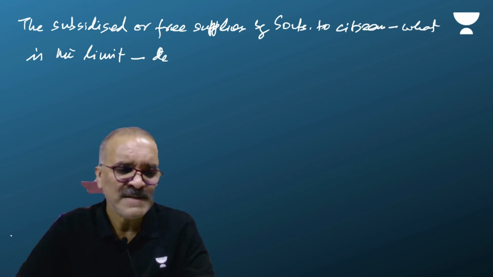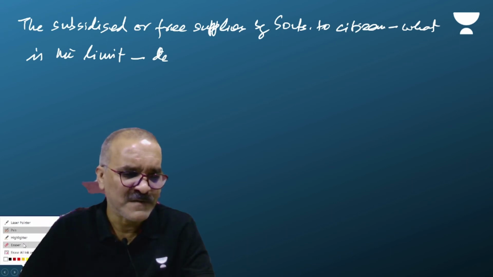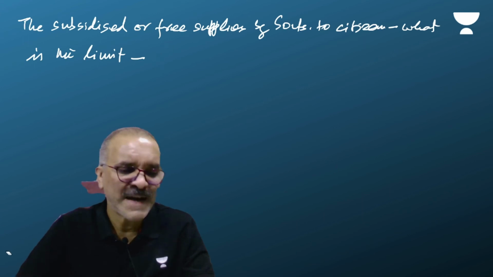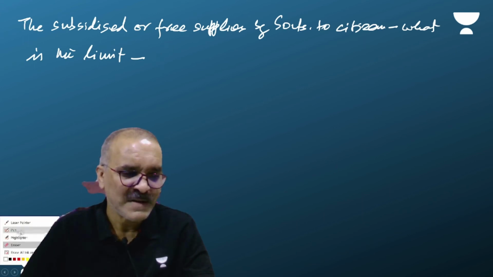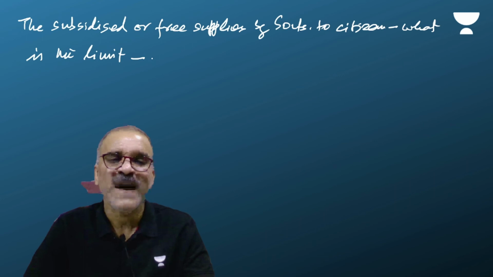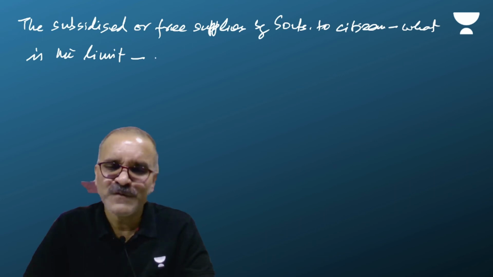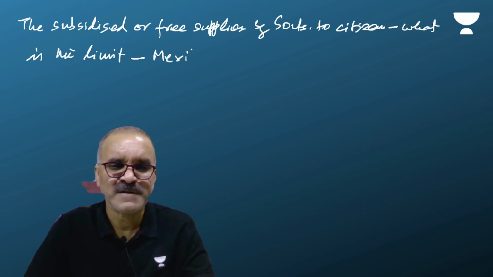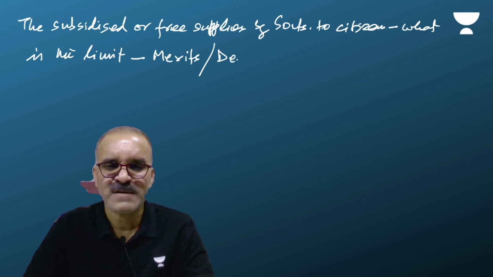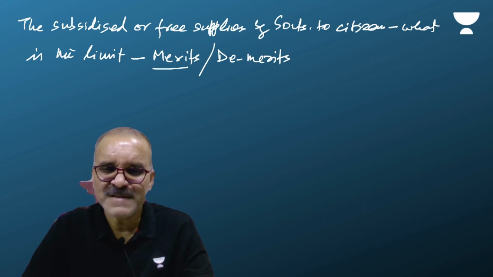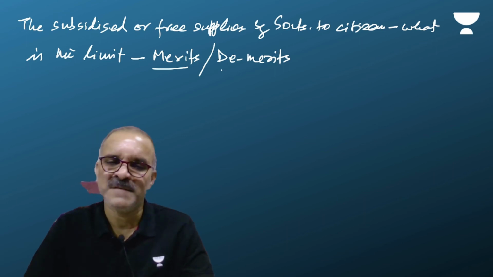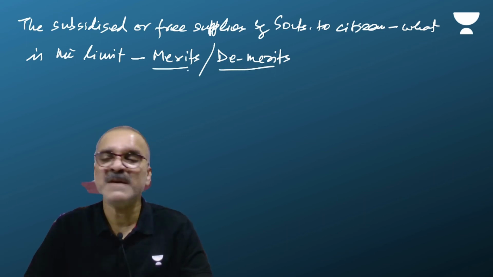Should we classify them into two categories? Naturally, this suggestion has come from various quarters. Those free supplies which basically have merits and those which have no merits, which are known as demerits. So demerit goods and services, merit goods and services. This is how it is being classified.